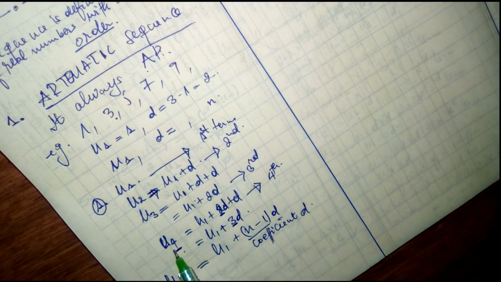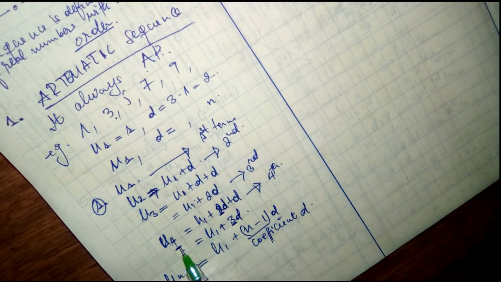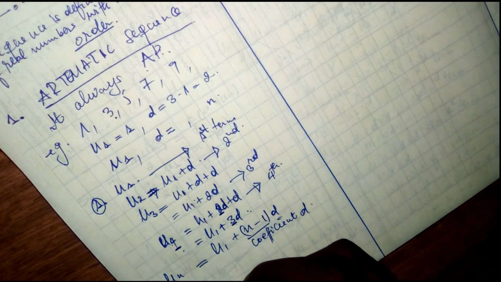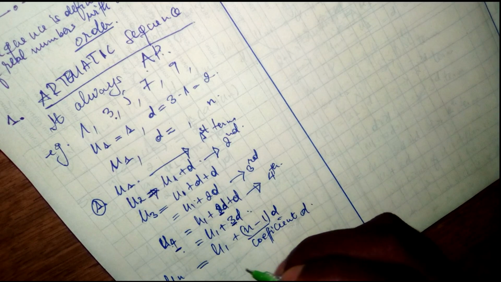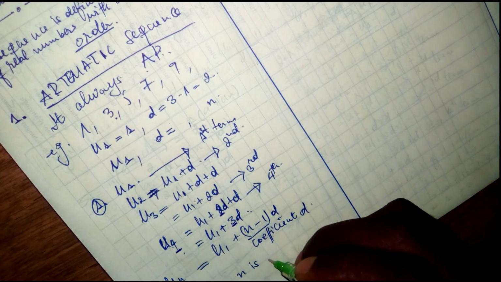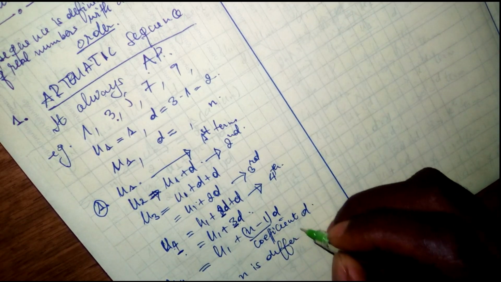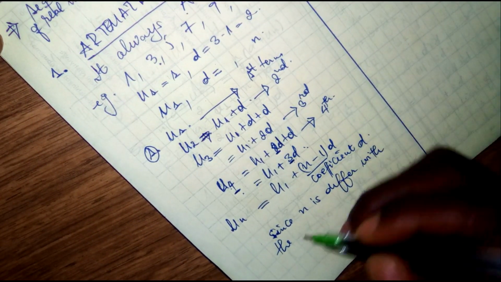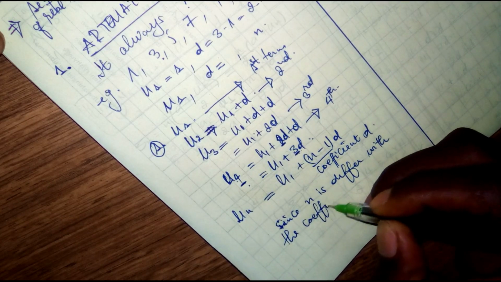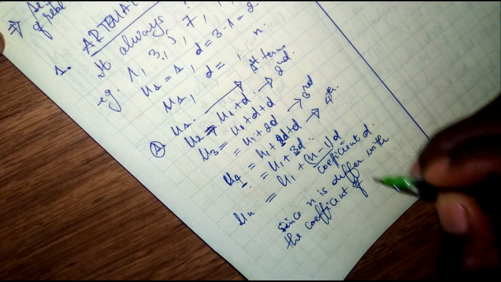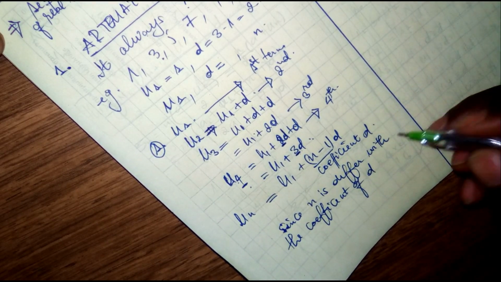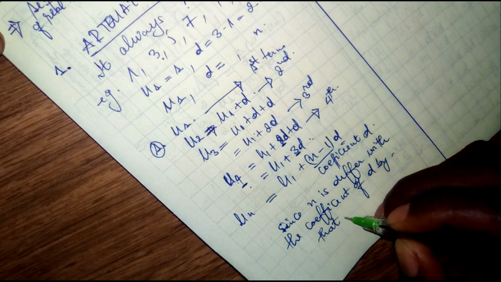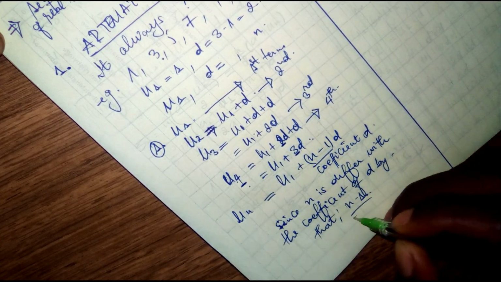So as you can see here, n differs from the coefficient of d by 1. So that means it is n minus 1.